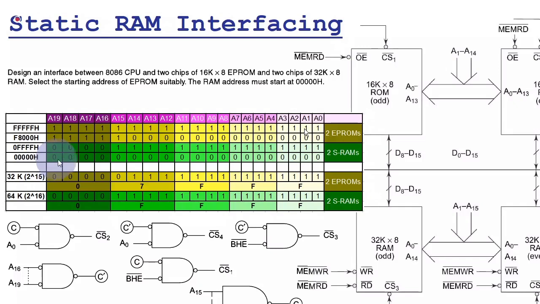Convert 64K into hexadecimal and add it to this 00000H. Convert the 64K for the two chips into a hexadecimal number and add that to the beginning location, so that you will get the last address, which is 0FFFFH. So here you can see in the second line for the two SRAMs, I have written the addresses such that from A0 to A15, a total of 16 bits are 1 and the rest are all 0.